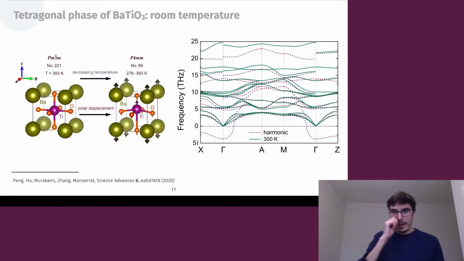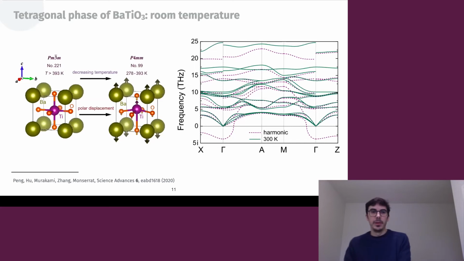Here I have an example of a material that we found exhibits a range of topological phonons. This is a very well-known perovskite oxide, barium titanate. What I'm showing on the left is some of its structure. At high temperature, this material has a cubic structure.